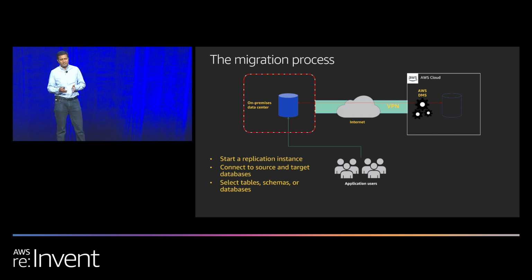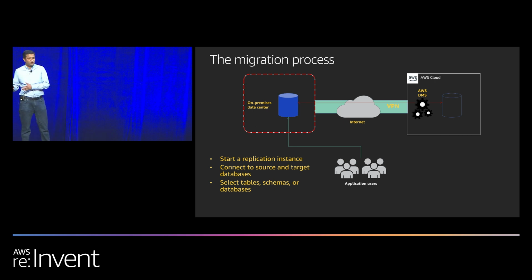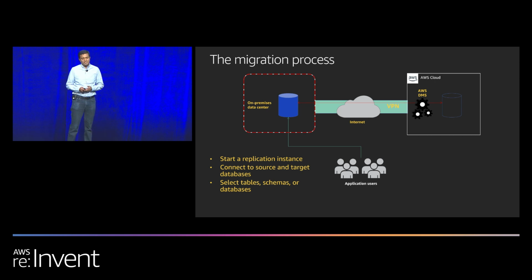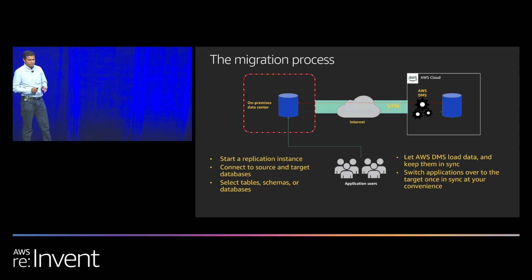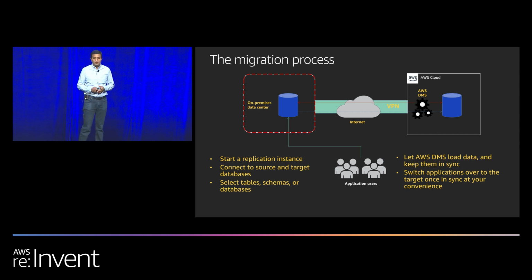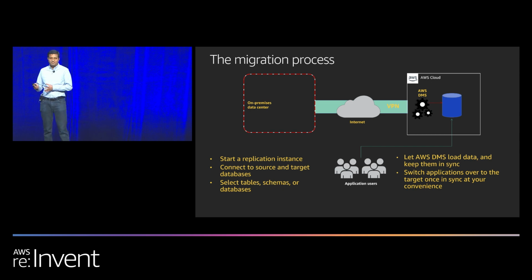You can also do metadata transformation, where you can rename the tables or rename columns in the process of migration. Once everything is done, you start the migration task and let DMS load the data and keep them in sync. After that, at your convenience, during the low workload time, you can simply point to the new database that is in the cloud.